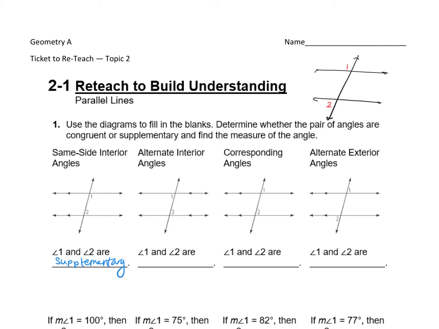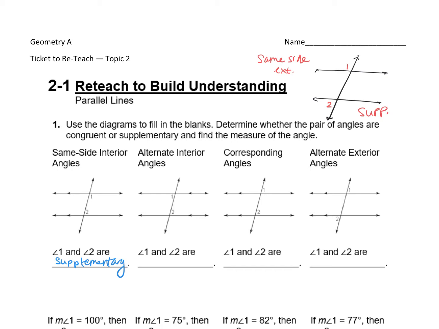You can see they are on the exterior of your parallel lines. They're outside of your parallel lines, but they are on the same side of your transversal. So those are same side exterior. Same side exterior angles will be supplementary.